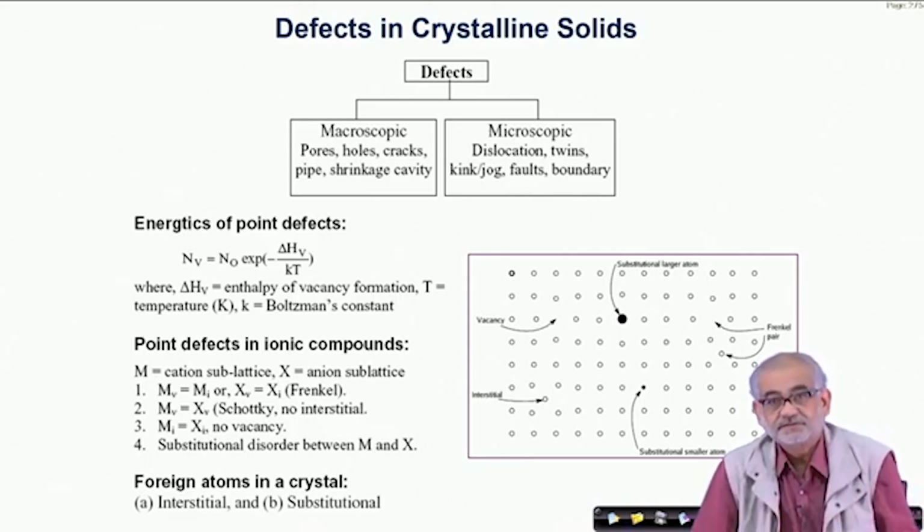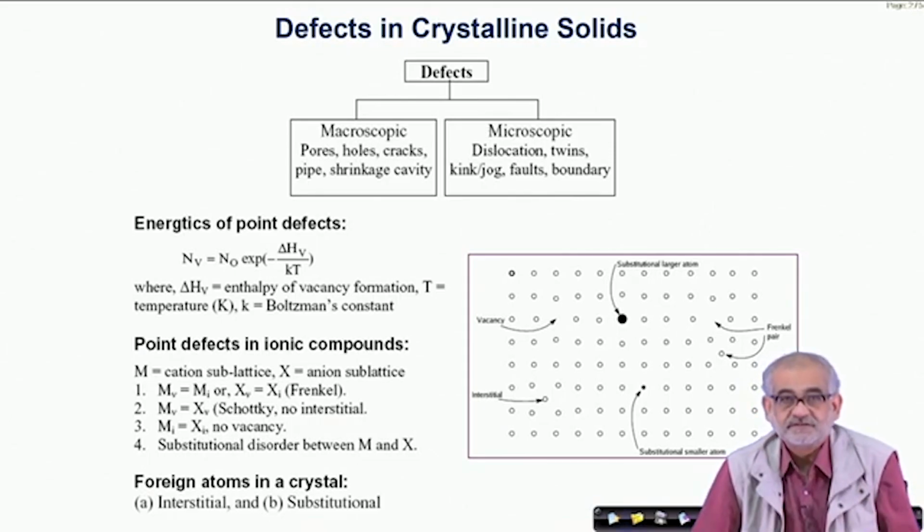In fact, thermodynamically, presence of a certain amount of defects, particularly the point defects, up to a certain density, actually makes the crystal more stable because of entropy contributions. That we'll discuss some other time.